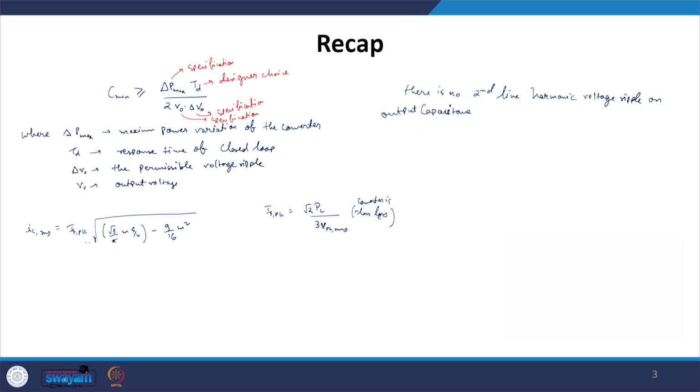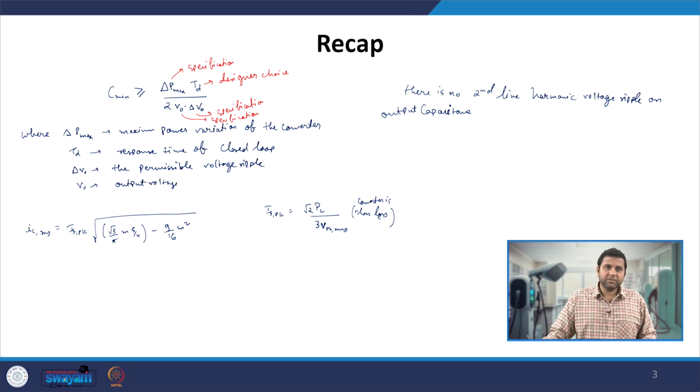This RMS capacitor current is independent of the switching frequency. It only depends on the modulation index M and Is peak, which is the maximum current you can expect from the source, and that we can easily calculate by assuming a lossless converter using this particular formula.